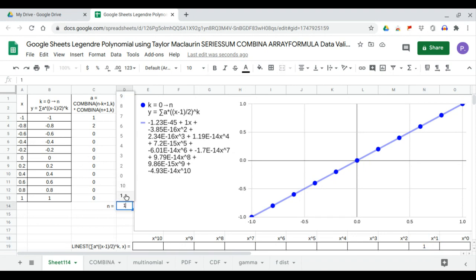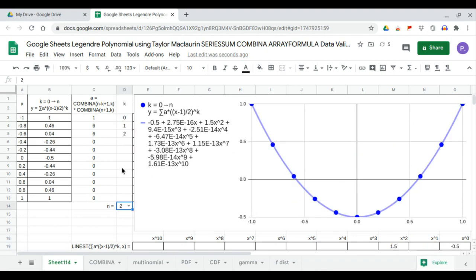At n equals 2, our Legendre polynomial is minus 0.5 plus 1.5x squared.